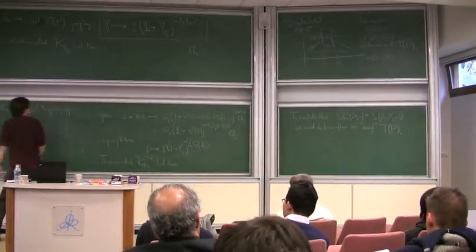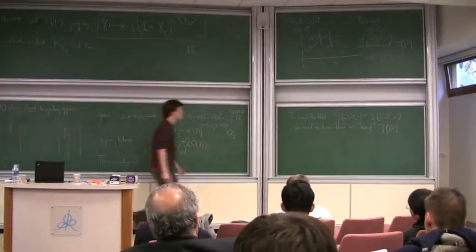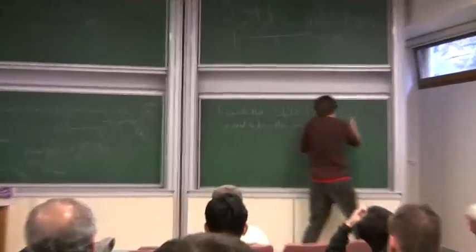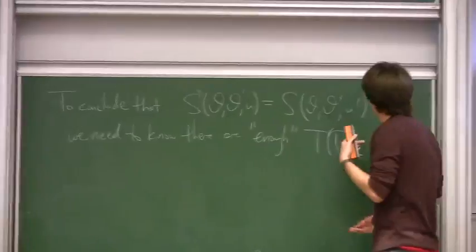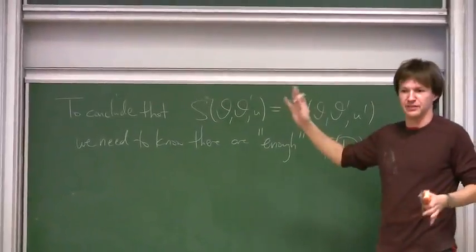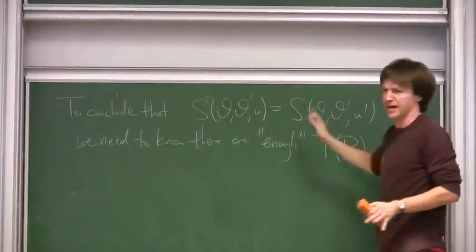And so this part, unfortunately, it's true, you can prove it, for example, using the technology of Fock and Goncharov. But I don't have a super conceptual way of saying it. So at least for today, I want to avoid this part.